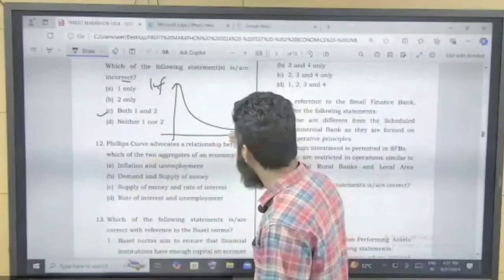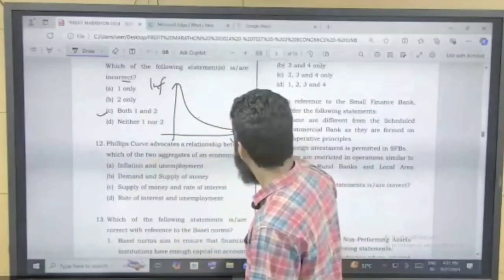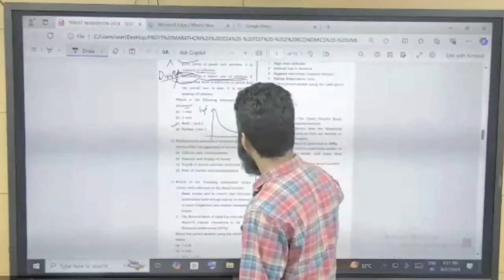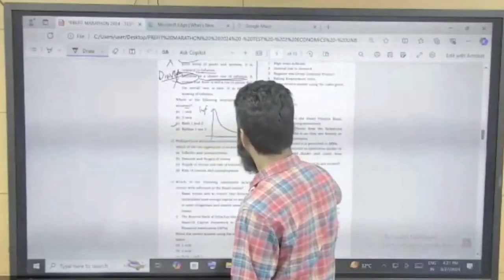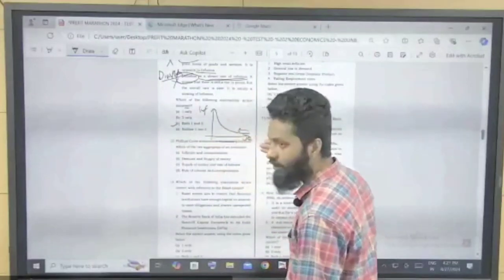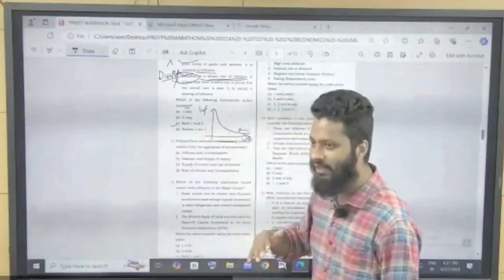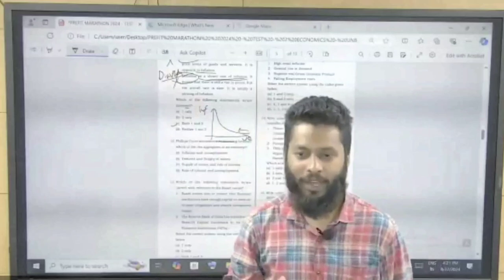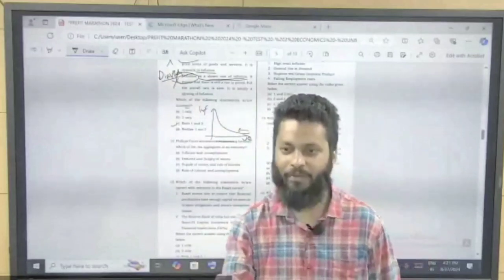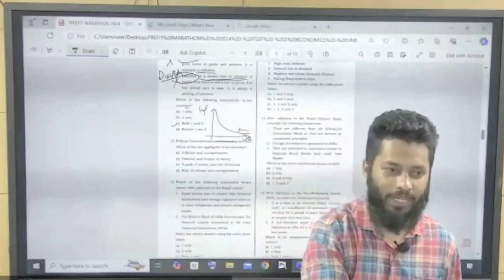What happens is when unemployment is increasing, purchasing power of the people is decreasing, demand decreasing, inflation decreasing. But when unemployment is decreasing, we are moving from here to here. If this is unemployment on the X-axis, we are moving towards origin. So unemployment is decreasing, inflation is rising. Why? When unemployment decreases, purchasing capacity of the people increases.